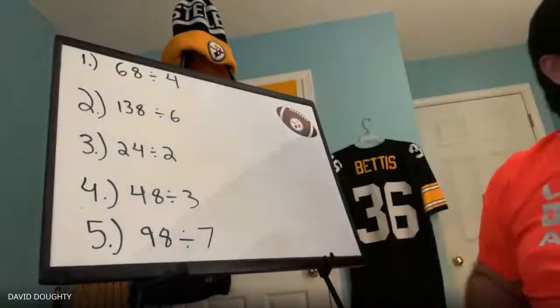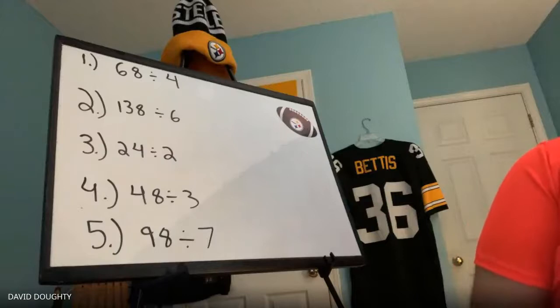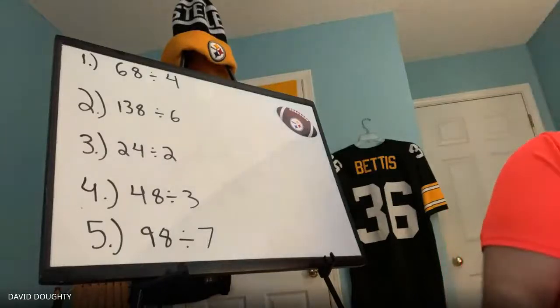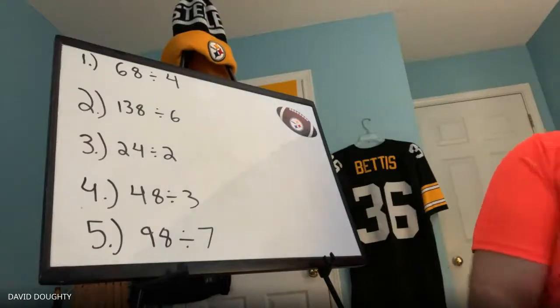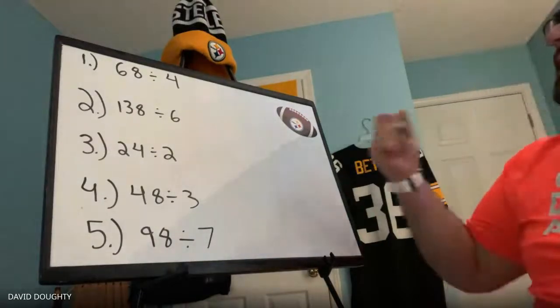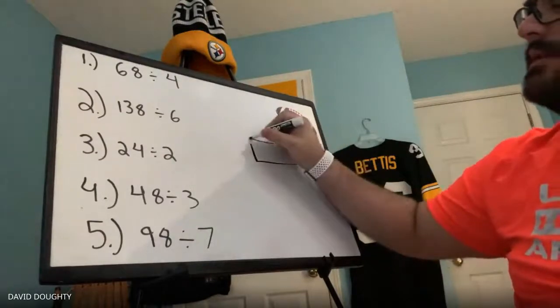Let's look at number 2. Okay. This says 138 divided by 6. We're on number 2 on page 238. So every one of these problems today, you're going to draw a rectangle with 2 squares.